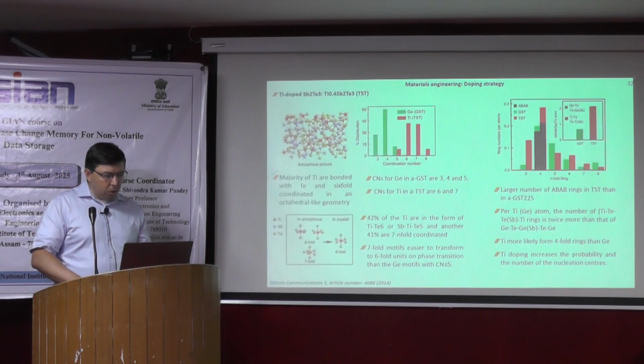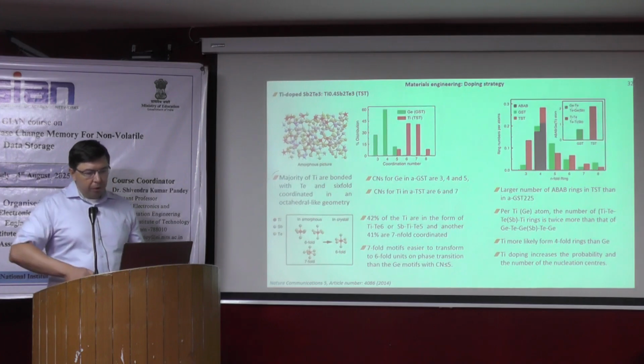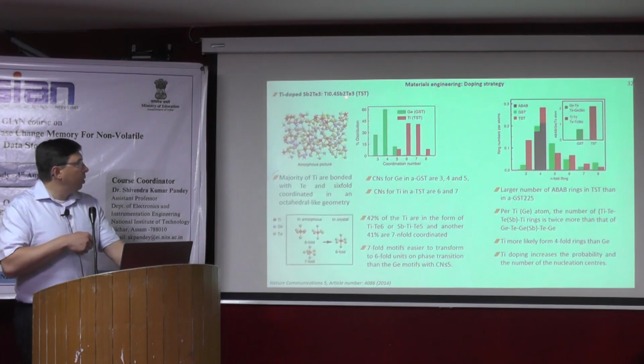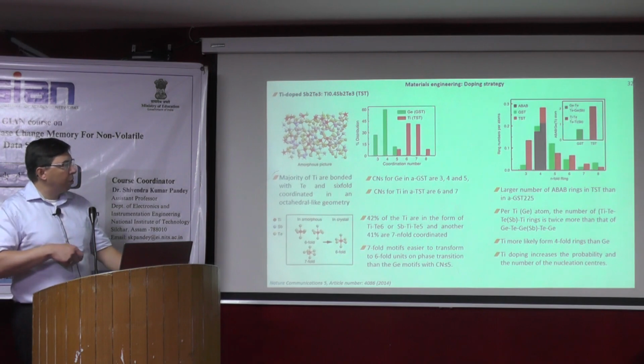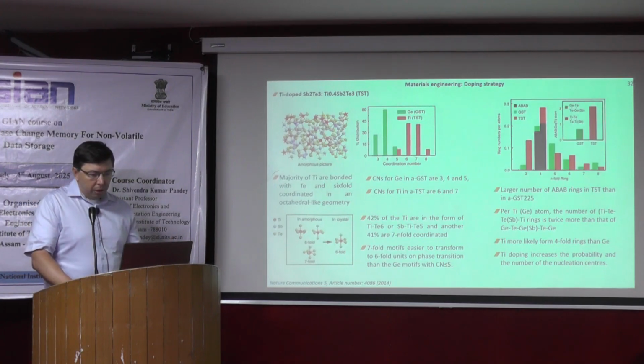So now let us look at another doping. Scandium makes this fast switching possible. Titanium also introduces the same effect, so it also induces the formation of much more stable AP rings, and correspondingly it's possible to achieve faster switching times.